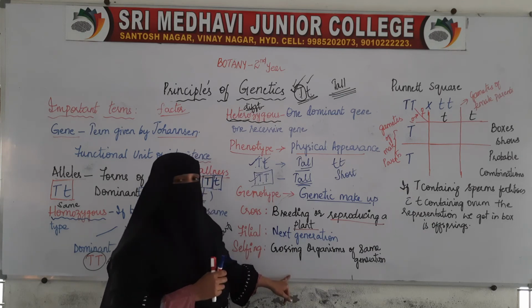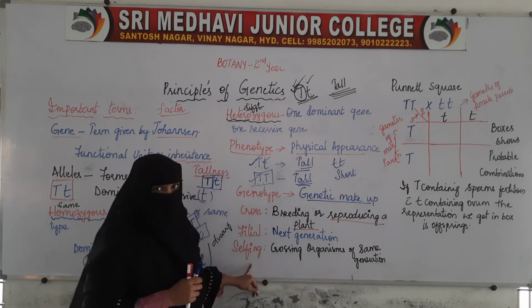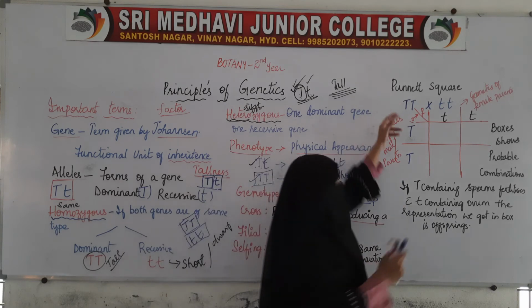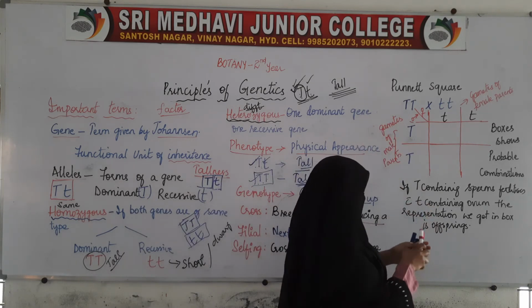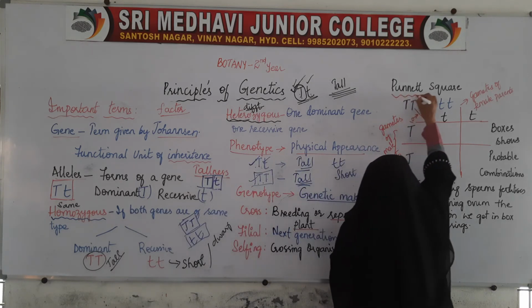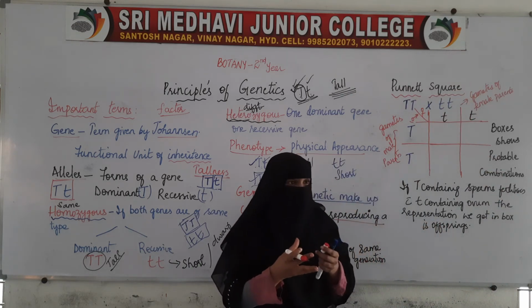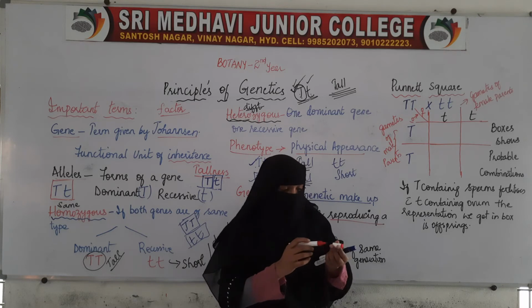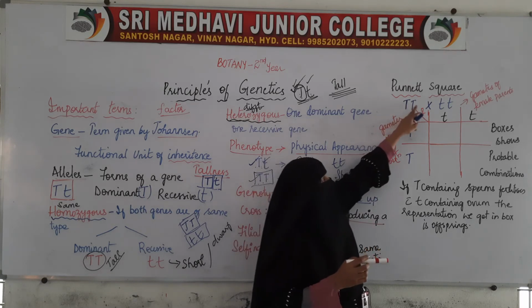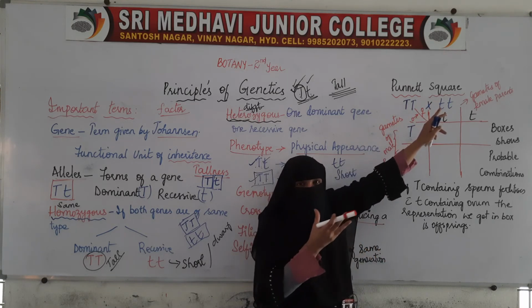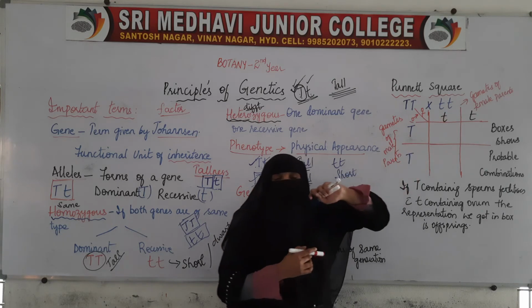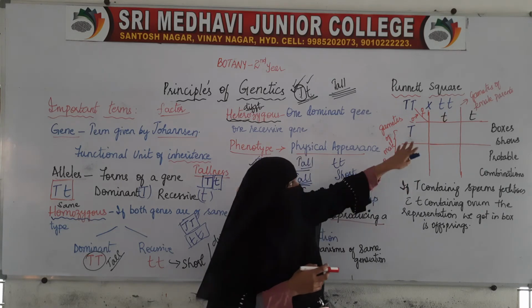Now before we move to selfing, let us see what a Punnett square is. It is a square-like box which will have probable representations. We'll see how this works.